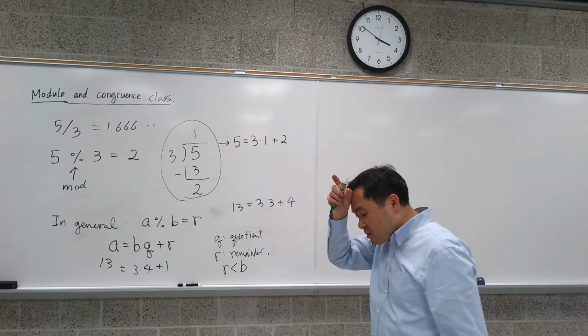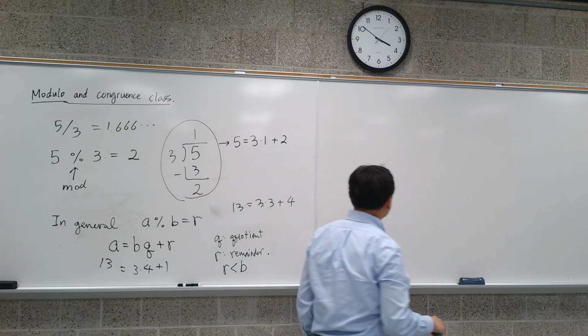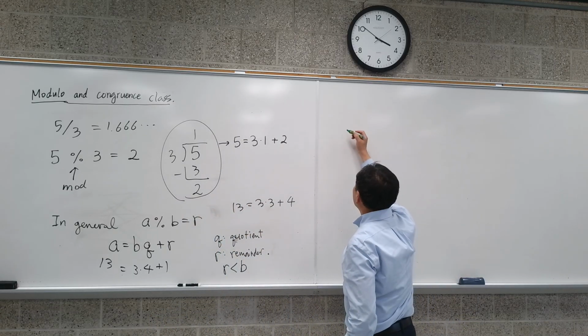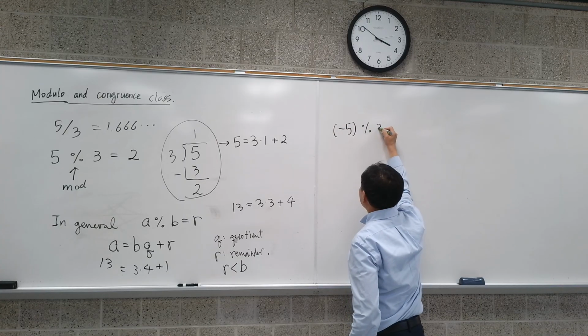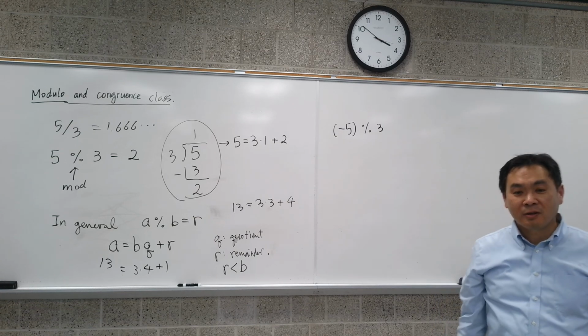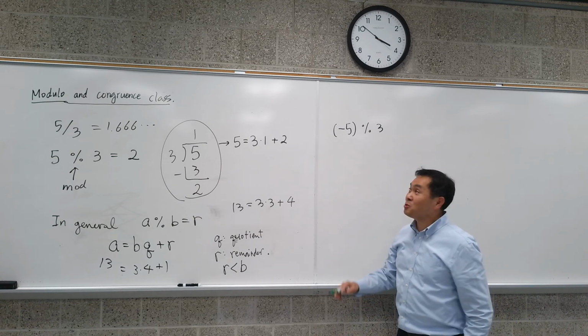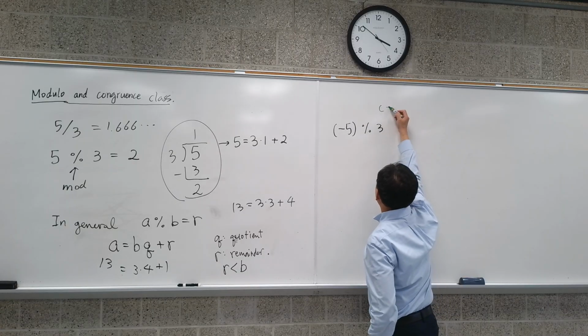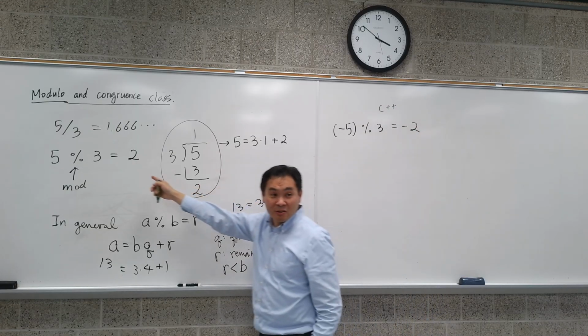Now, what's a bit murky is what do you do when you're dividing a negative number? For example, what is negative 5 % 3? Interestingly, if you do the same calculation in C++, this gives you negative 2 just because of this.